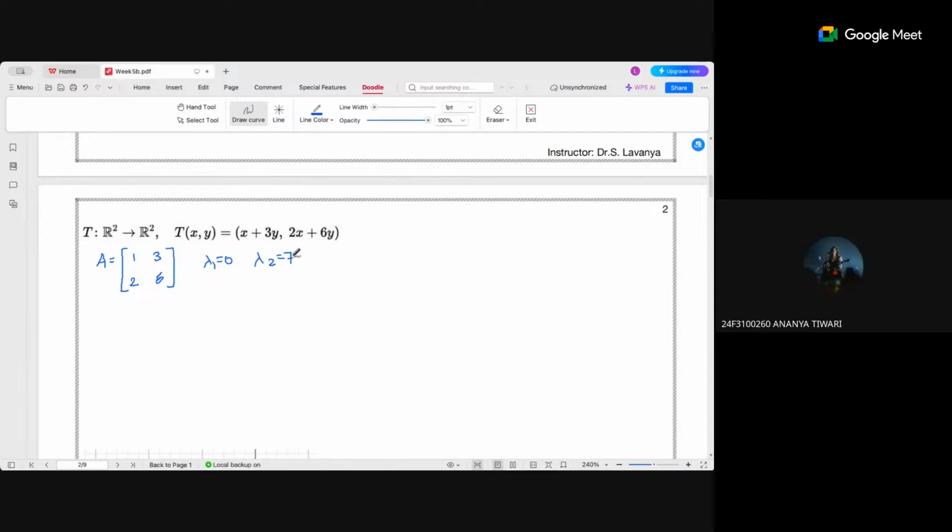Ma'am, for V1, both are 0. As I told, you should never take eigenvectors as zero vectors. Ma'am, V1 can take minus 3 comma 1. Okay. So V1 is minus 3 comma 1. What about V2?